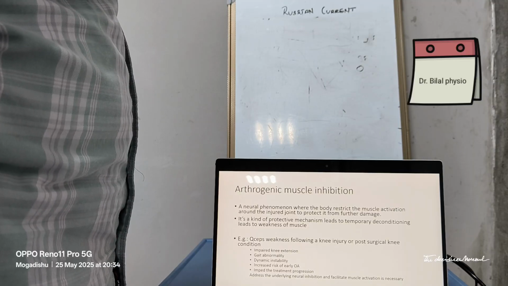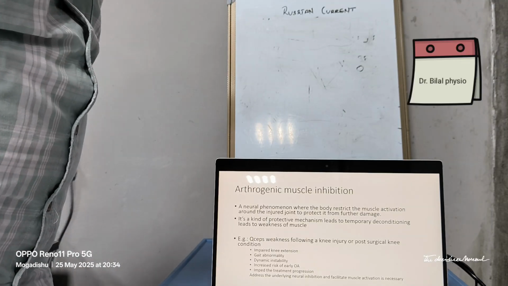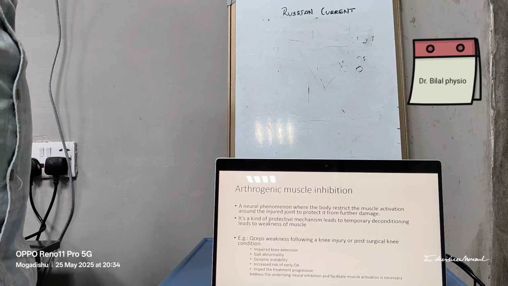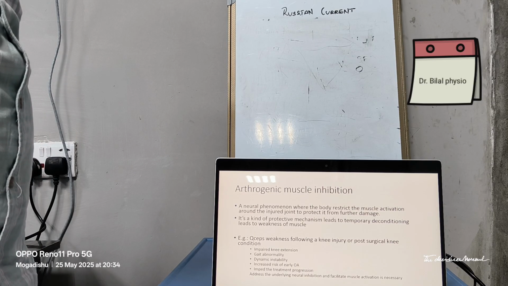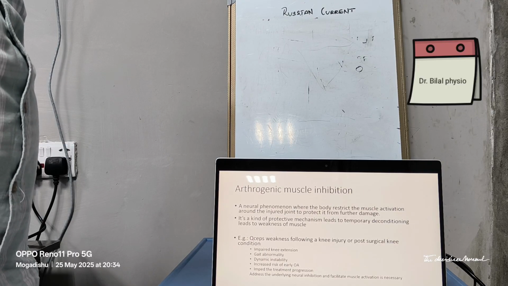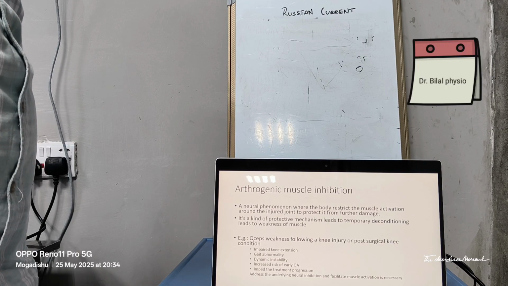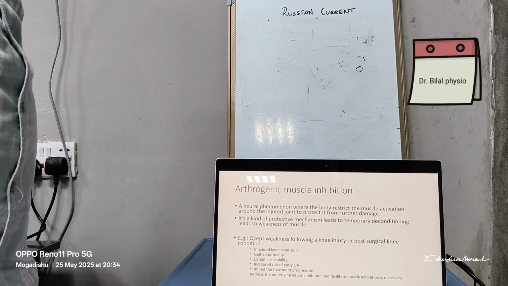Once there is deconditioning, it will cause impairment in the knee function or muscle action or joint action. In case of the knee, it will cause impaired knee extension, gait instability, which may include static and dynamic instability, and increased risk for early OA.